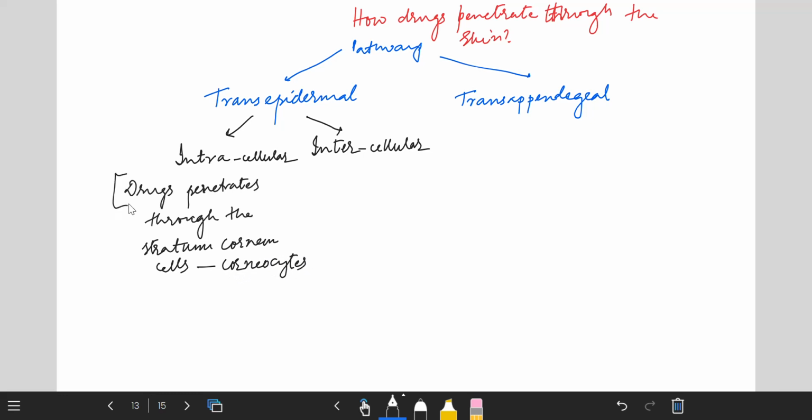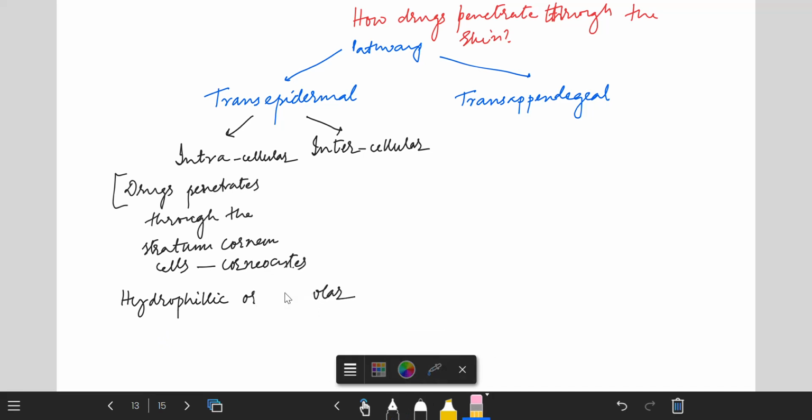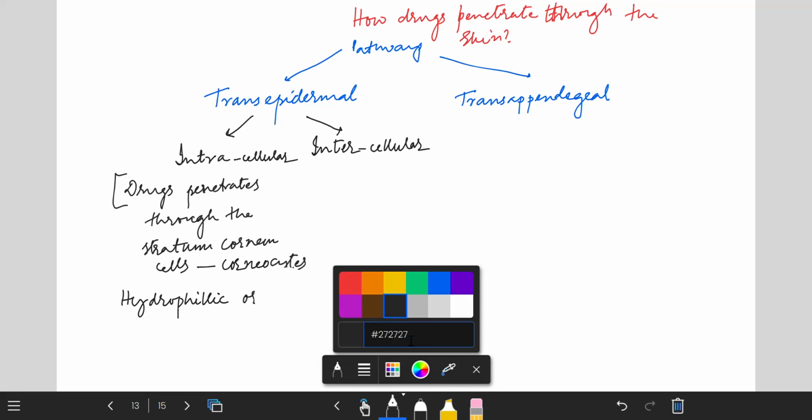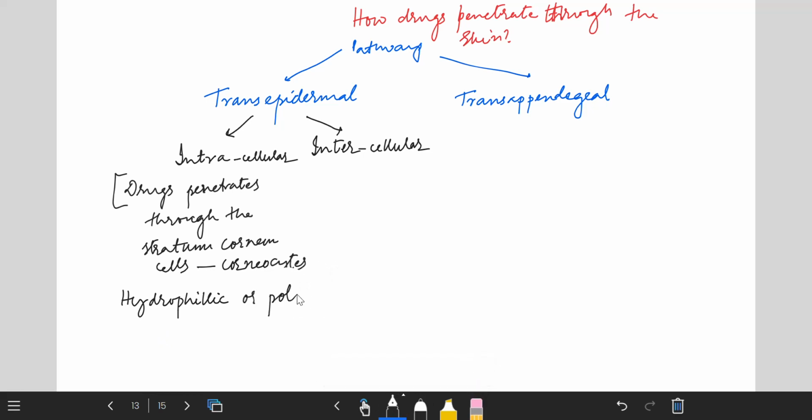Okay, and in this route, hydrophilic or polar substances are transported.